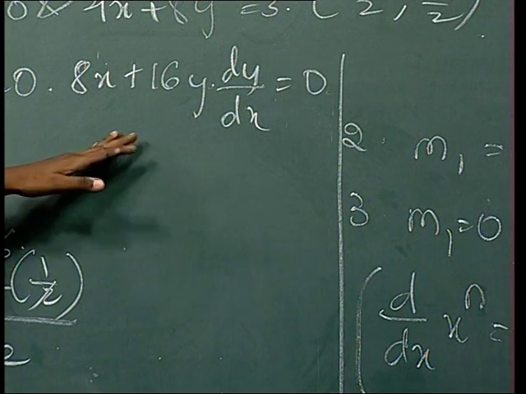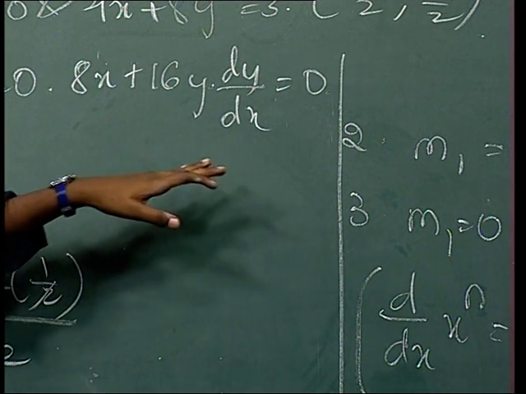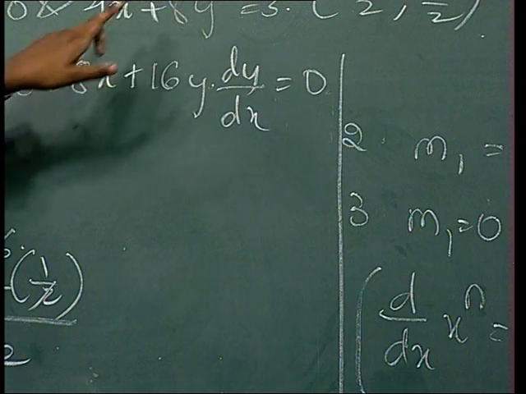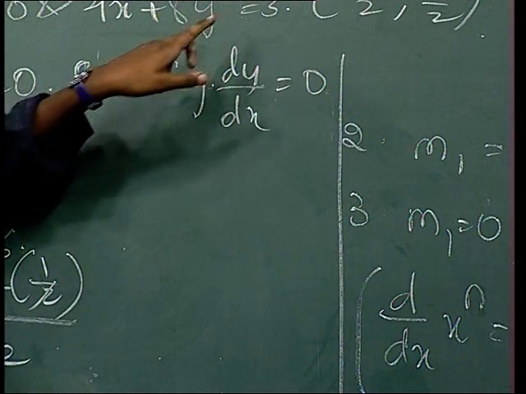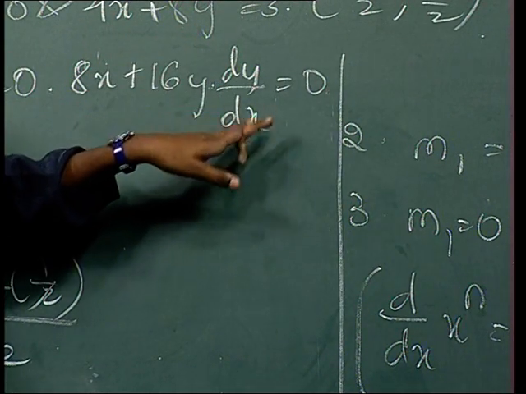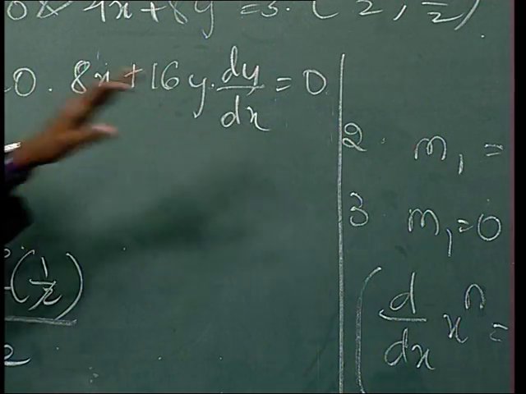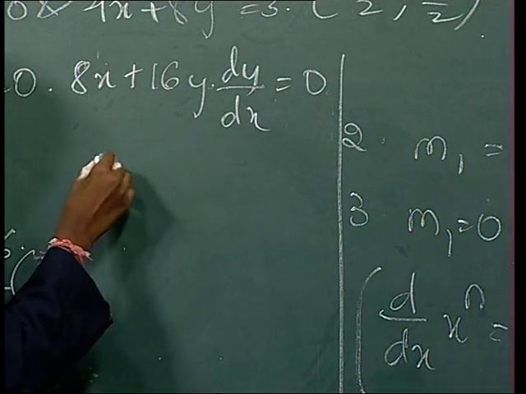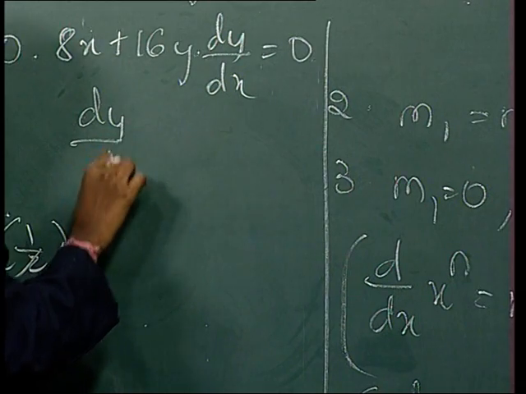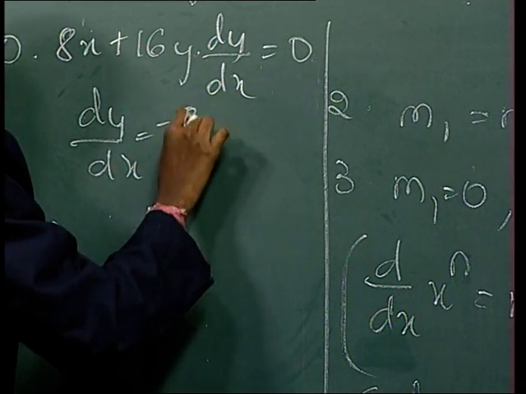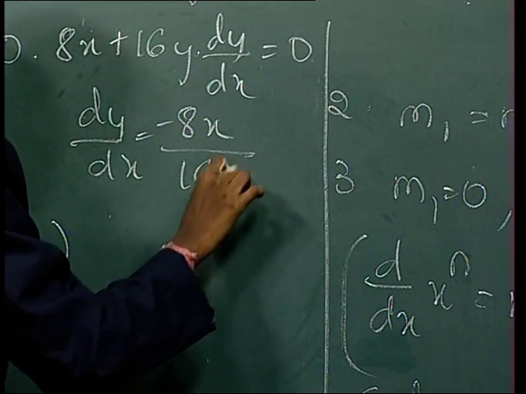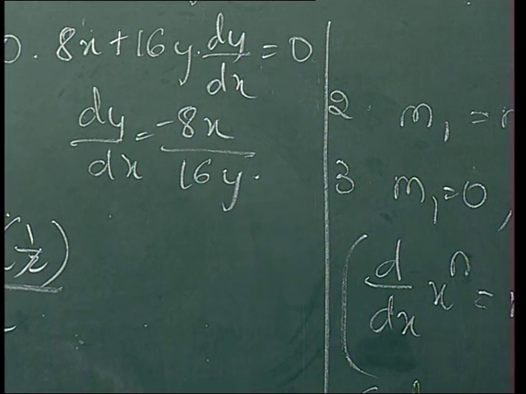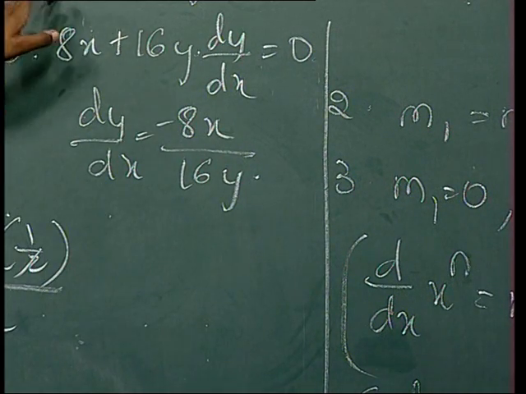So, this is how we differentiate the second curve: 4x square derivative is 8x plus 8y square derivative is 16y into dy by dx is equal to constant derivative 0. So, now we can write dy by dx is equal to minus 8x by 16y and the slope m2 is represented for the second curve.